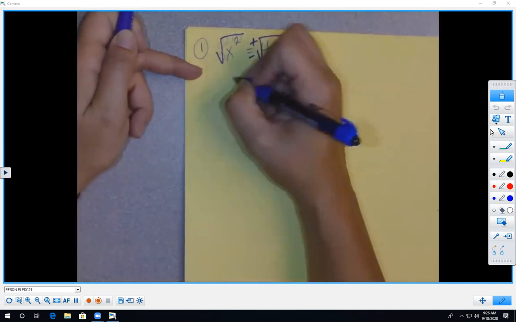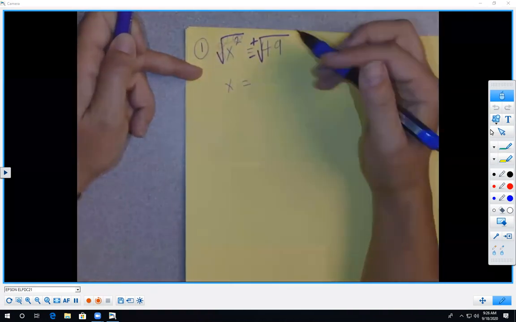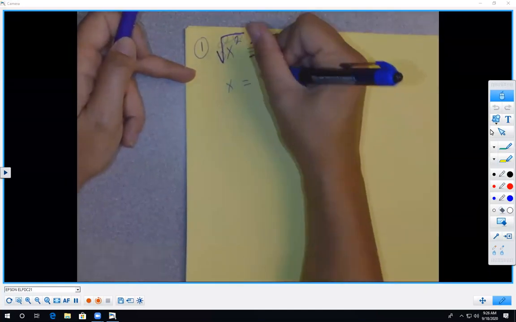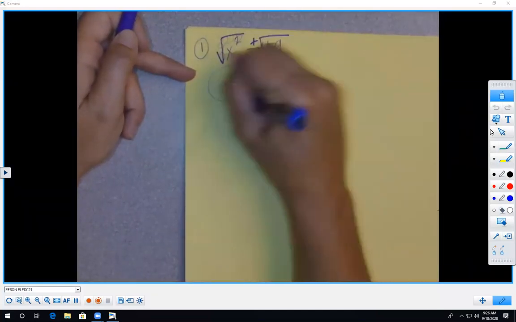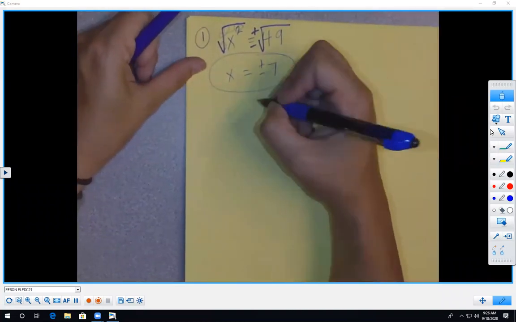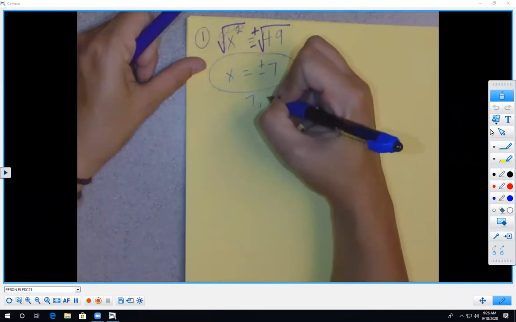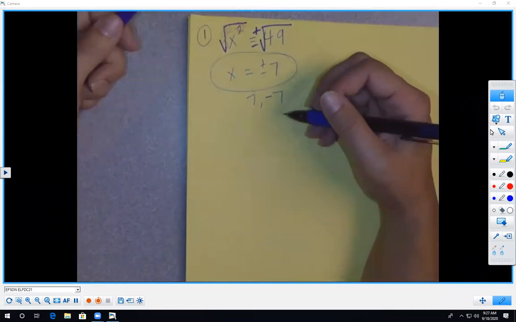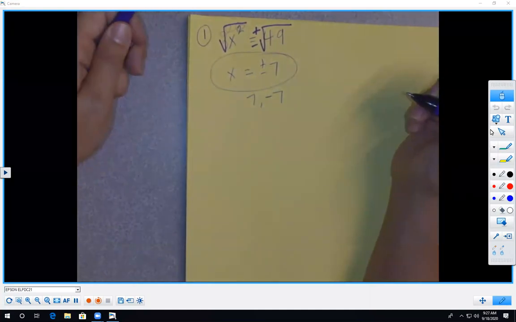Those undo each other, and I'm just left with x is plus or minus the square root of 49. What's the square root of 49? 7. So it's plus or minus 7. Math Excel will want you to write 2 answers. What are my 2 answers there? Positive 7 and negative 7. Okay, we're just going to practice writing that just so that you understand that's 2 answers.